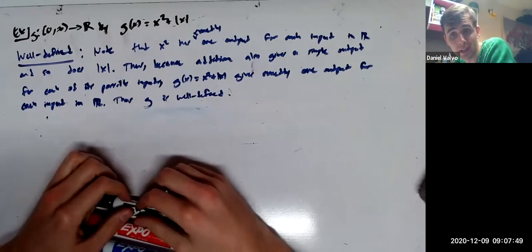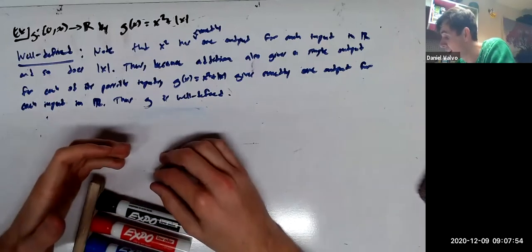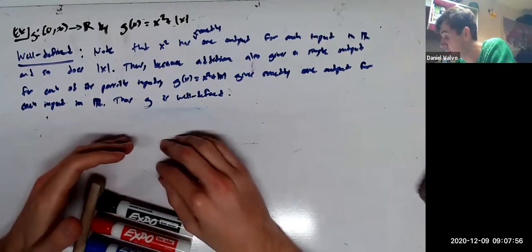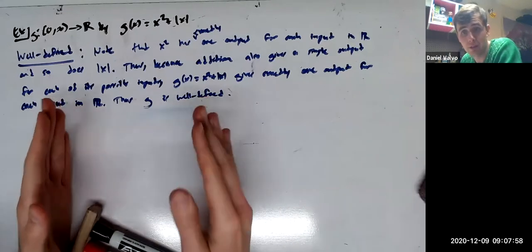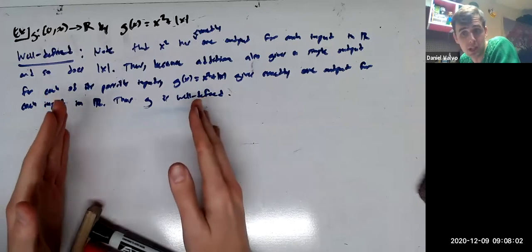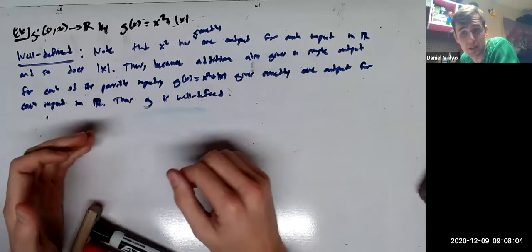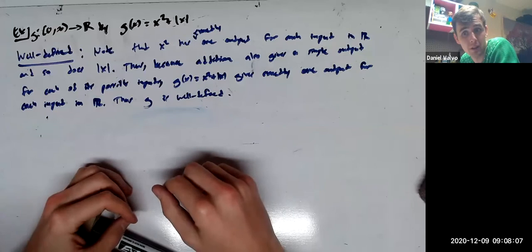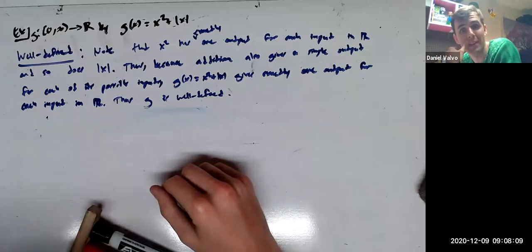The bigger x you plug in, the bigger absolute value of x you get out. So it seems to me that if a does not equal b, if you have two distinct inputs, like if a is less than b, then g of a should be less than g of b. So they shouldn't be equal. It should just keep increasing, so they'll never be equal. But how do we prove it?